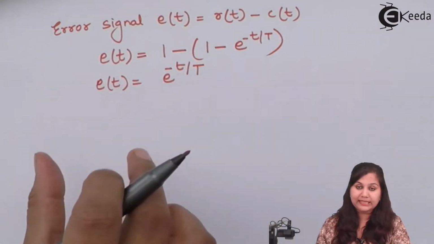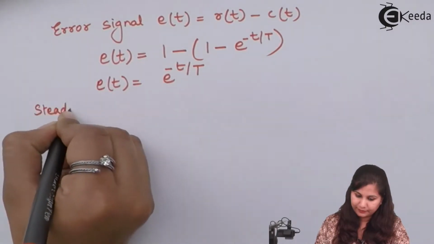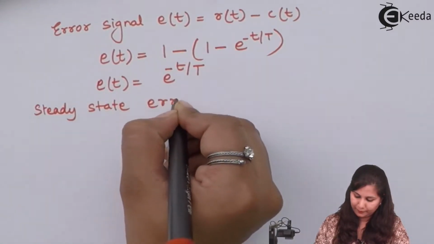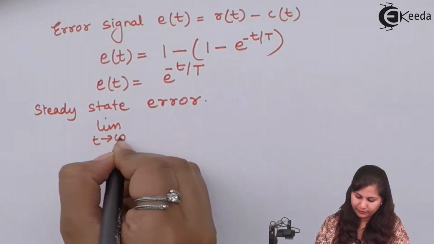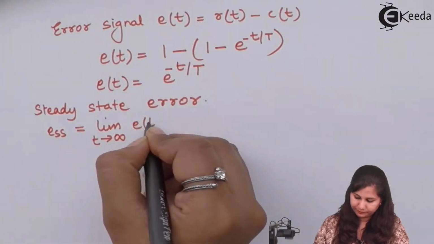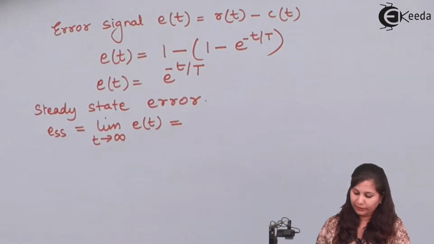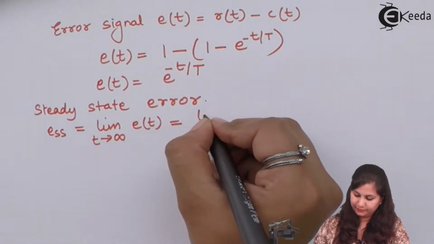Now if we calculate the steady state error, the steady state error is the limit as t tends to infinity of e(t). So we are going to apply the limit t tends to infinity on this error signal.